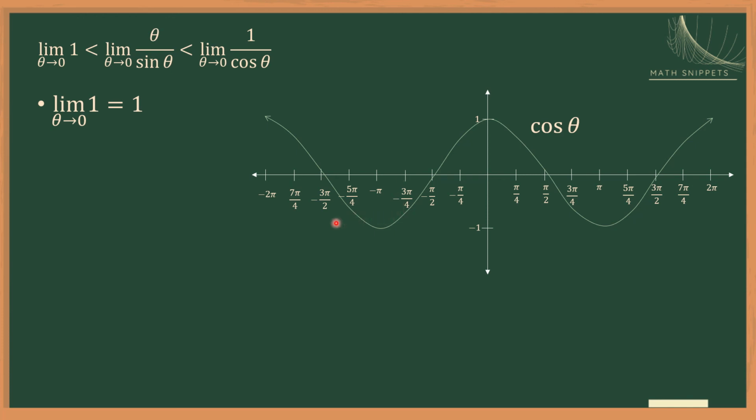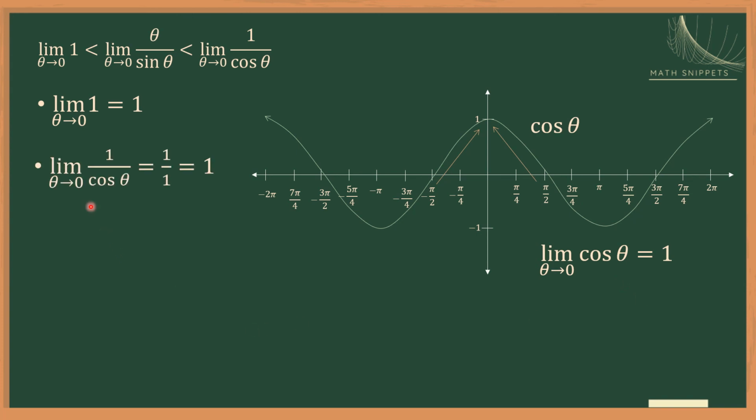Okay, so let the value of theta approach 0 from the left and from the right. Now observe the graph. The graph leads to having a value of cosine theta equals 1. So therefore, we say that the limit of cosine theta as theta approaches 0 is equal to 1. So we have this: 1 over 1 is equal to 1.